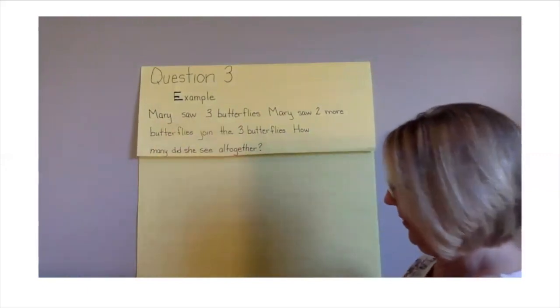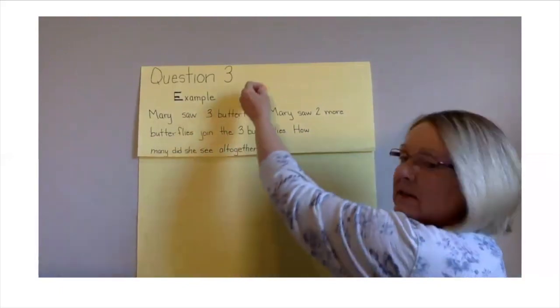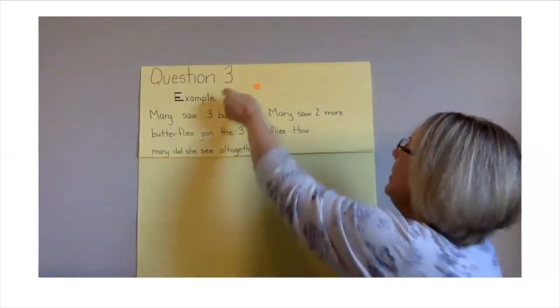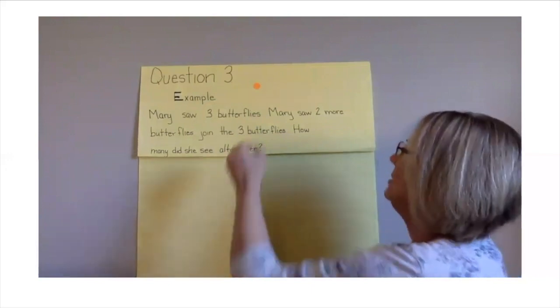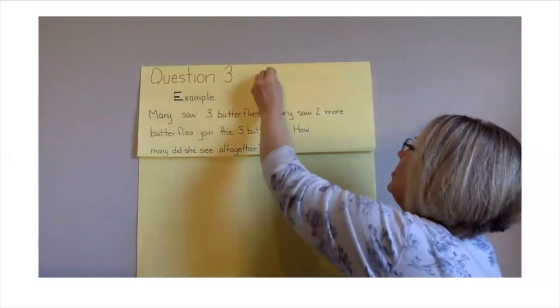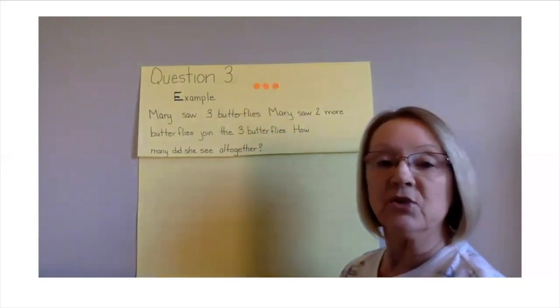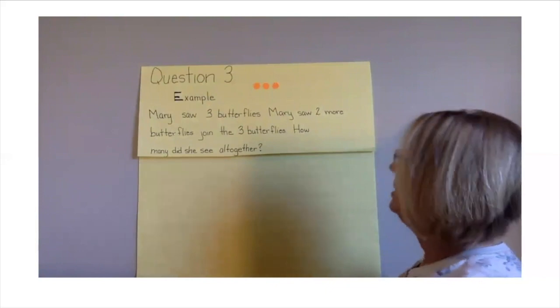So Mary saw three butterflies, and I'm going to use these stickers to represent the butterflies. So she saw three butterflies. One, two, three, and then two more butterflies join those three.